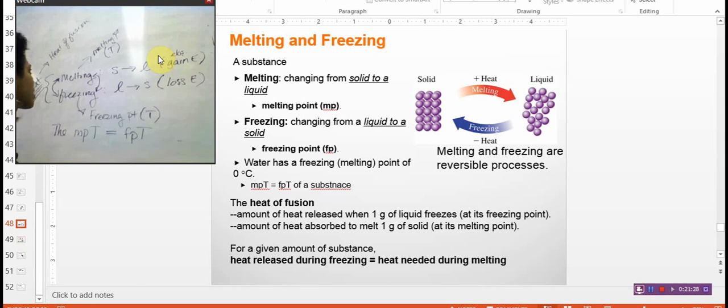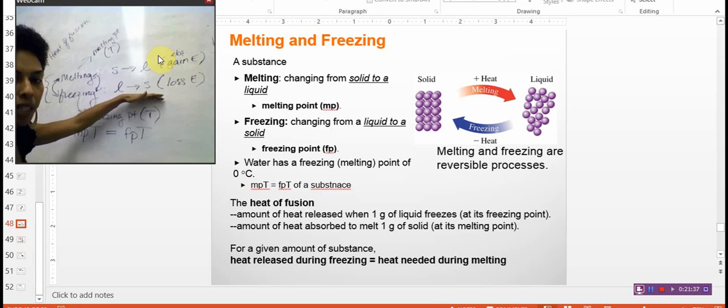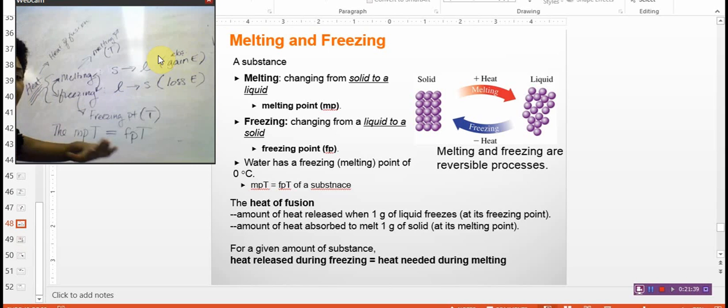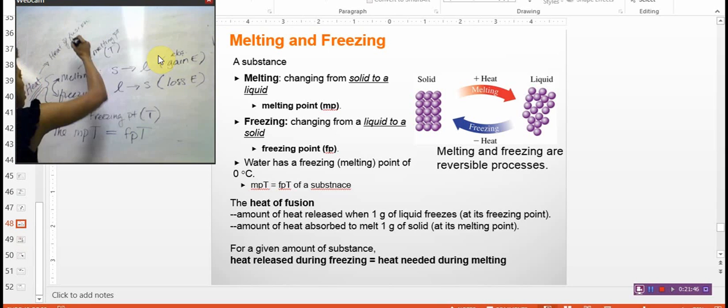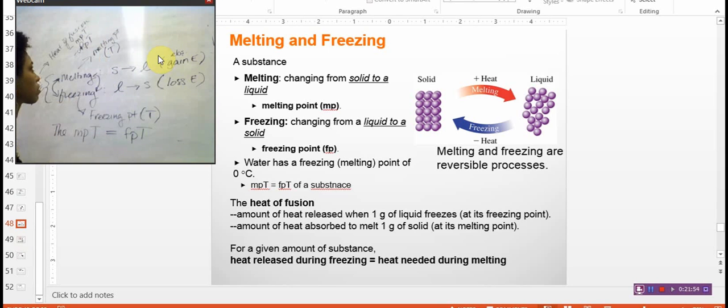So it is either going to be the heat that is gained during melting or the heat that is lost during freezing. Okay, so there's an amount of heat that is released when 1 gram of a liquid freezes at its freezing point, right? So these occur at the melting point or at the freezing point temperature.